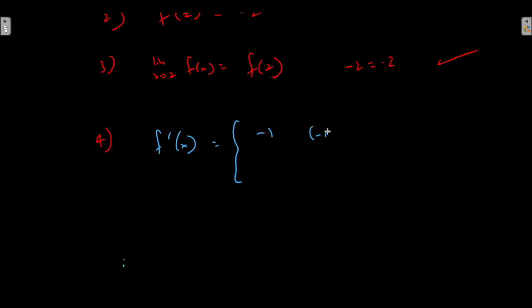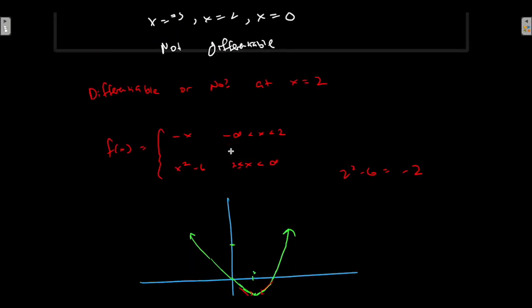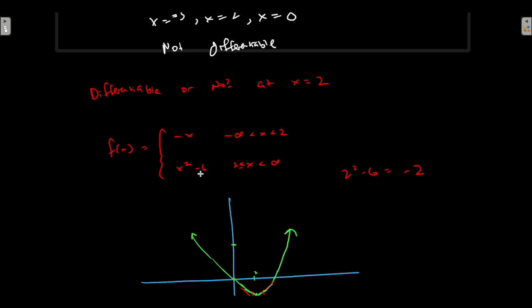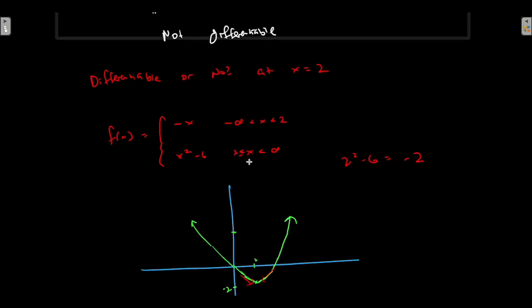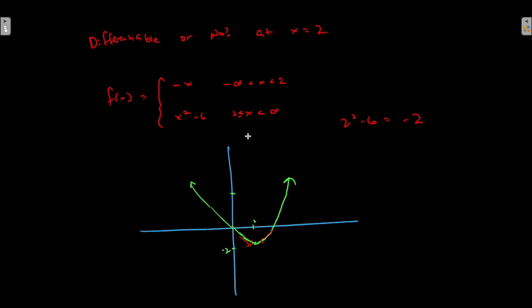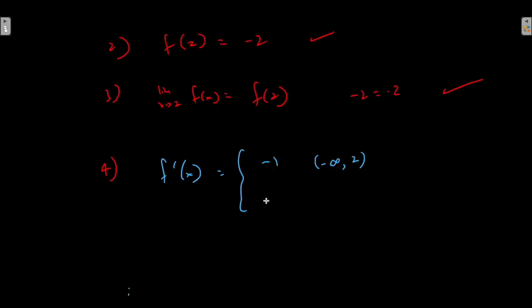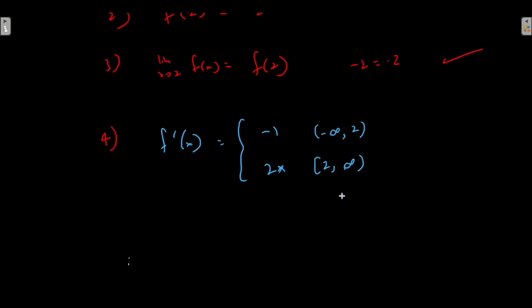I'll just write this in interval notation. And then here we have x squared minus 6, and the derivative of this is just 2x. And then we have 2 to infinity.